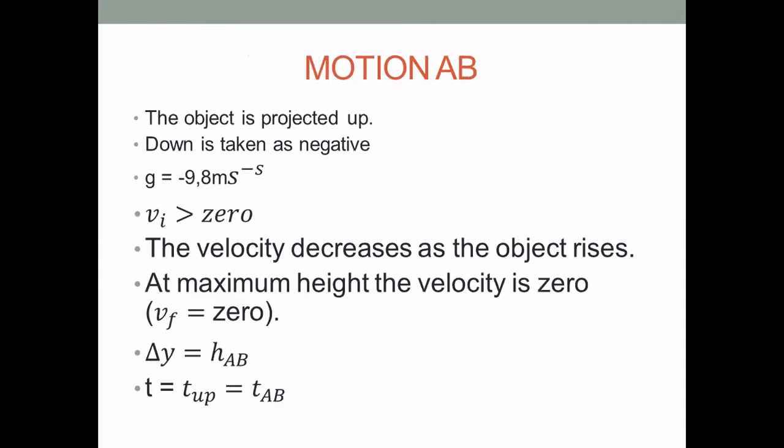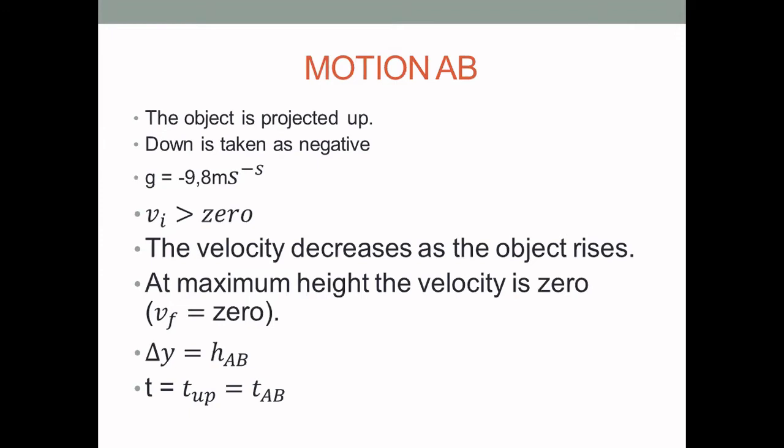Okay, let's consider now motion AB. The object is projected up, down is taken as negative. So for motion AB, g is negative 9.8 meters per second squared. Then the initial velocity is greater than 0. The velocity decreases as the object rises. At maximum height, the velocity is 0, so V final is 0.